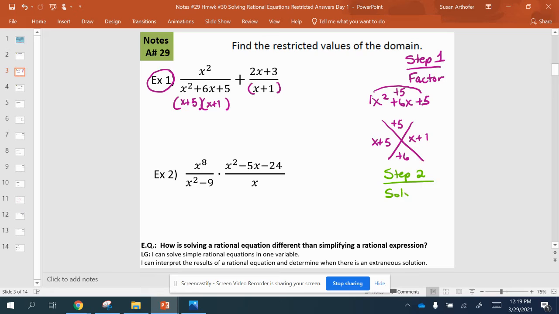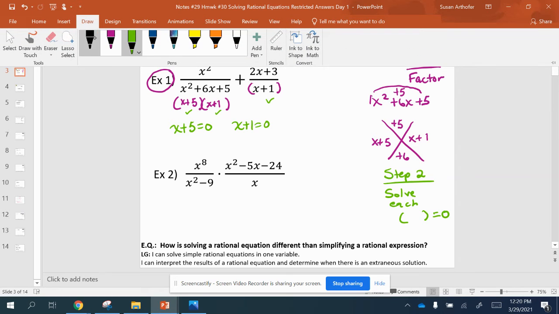So now you're going to solve each parenthesis by setting it equal to 0. What we're doing here is finding the restricted values. We take each parenthesis, x plus 5 equals 0. Take the next one, x plus 1 equals 0. We don't need to repeat because we already have x plus 1. Then solve, which is pretty much mental math.